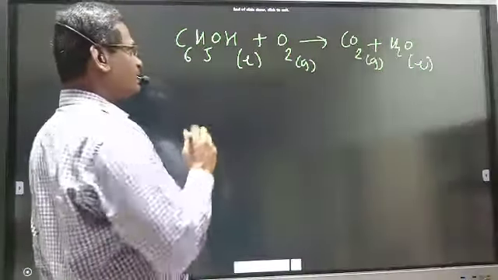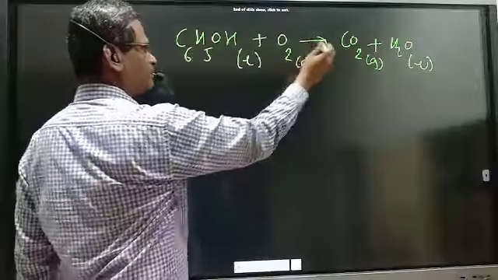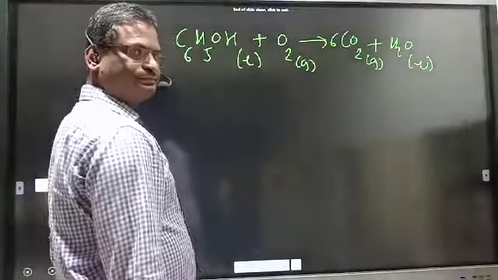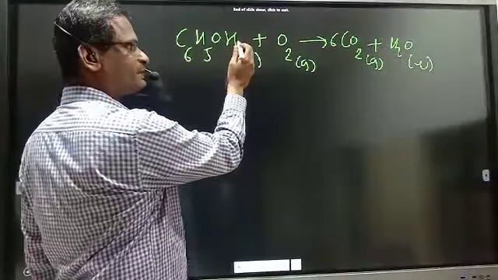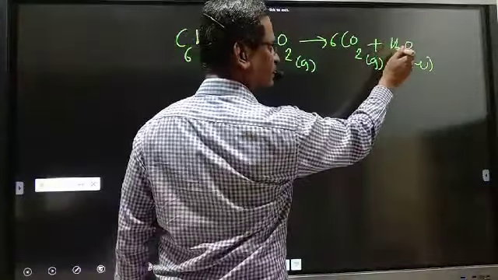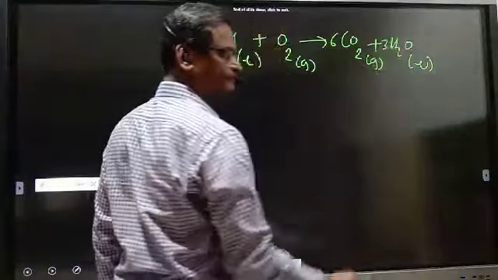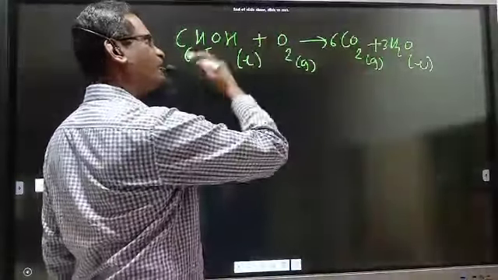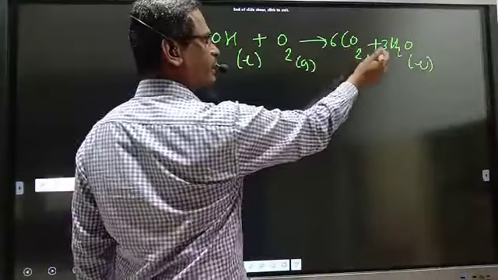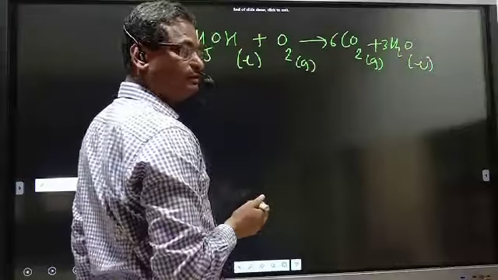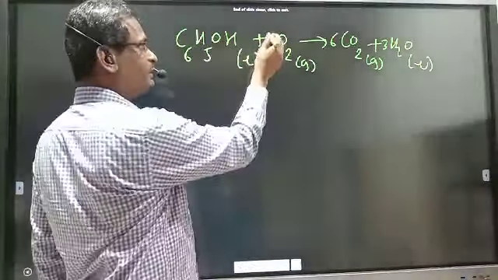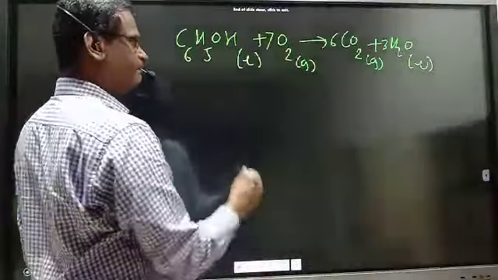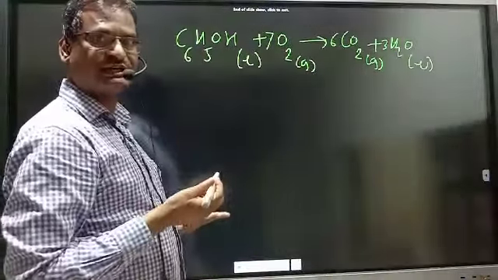First rule, carbon atom left to right, 6 carbon, so multiplied by 6. Then hydrogen left to right, 5 plus 1, 6 hydrogen, 3. Here it is 2, so multiplied by 3. Now oxygen right to left, 6 to the 12 and 3, 15. Out of 15, this 1 is gone. So 14, this is multiplied by 7. This is how the reaction is balanced.